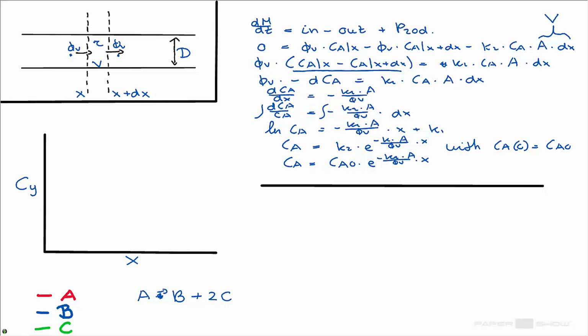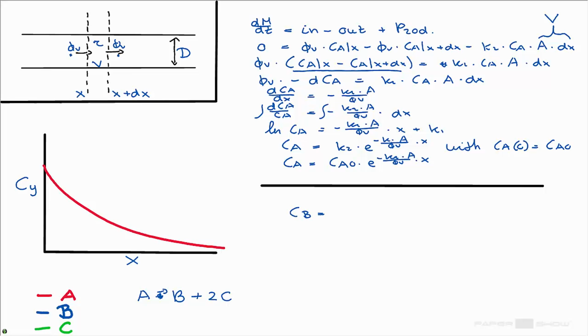The next question was to sketch a graph of all the components inside the reactor. And we could already draw Ca, right? We know how it's made. So it's a negative exponential equation. Now I want to know how to draw the concentration of B, and I can do this all over again with the balance, but I can also think logically and ask, what is the concentration of B?